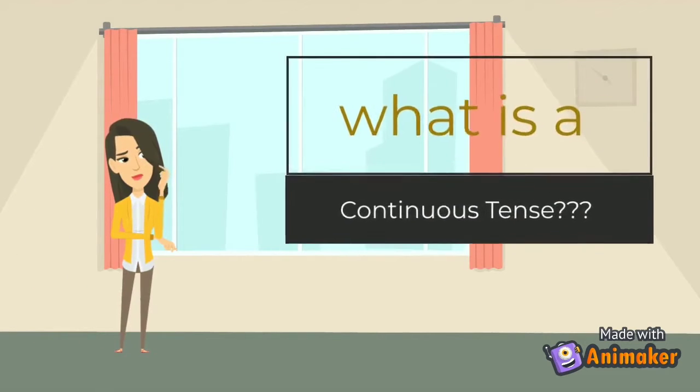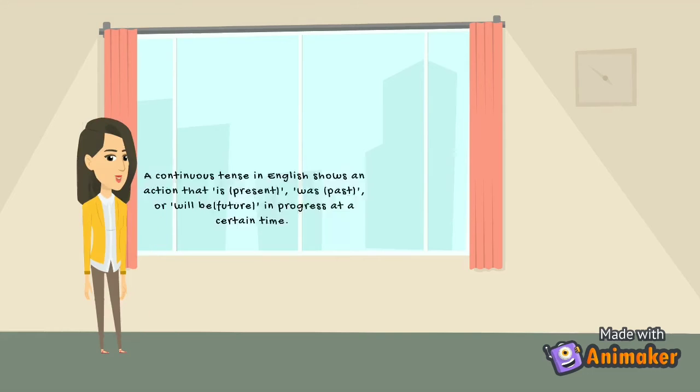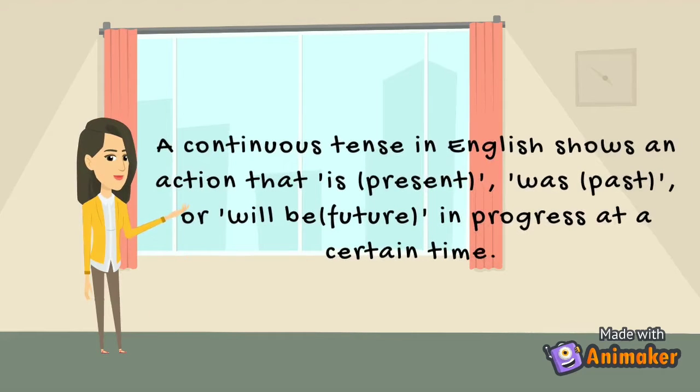Now, coming towards what is a continuous tense. A continuous tense in English shows an action that is, was, or will be in progress at a certain time.